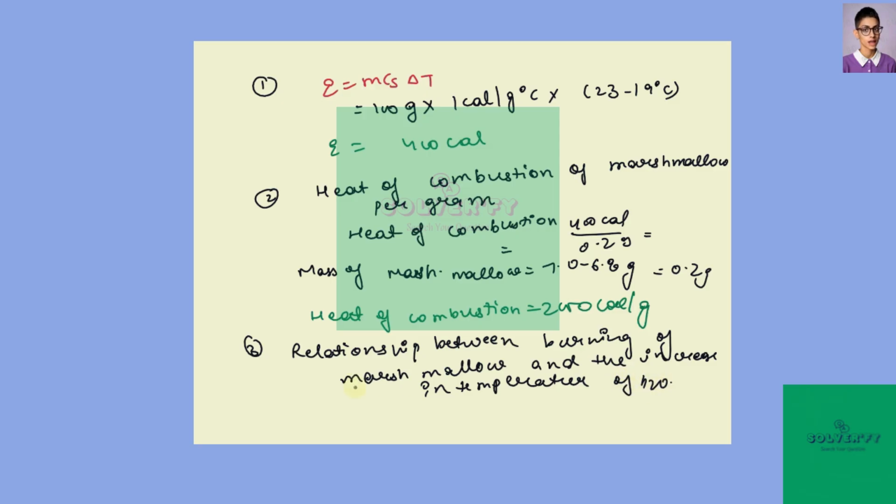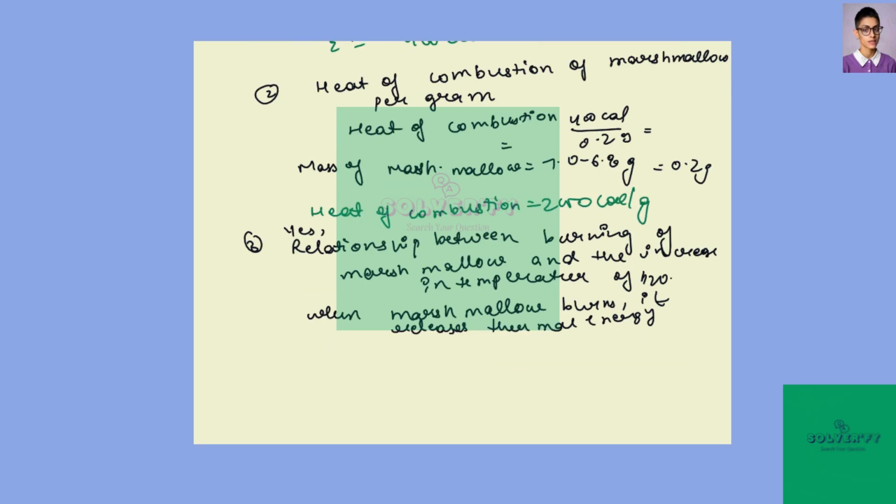There is a relationship between the marshmallow and the increase in temperature. So when the marshmallow burns, it releases thermal energy, which is transferred to the water and this will increase the temperature.